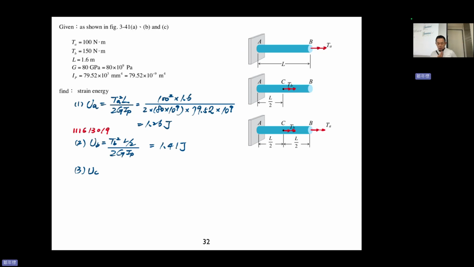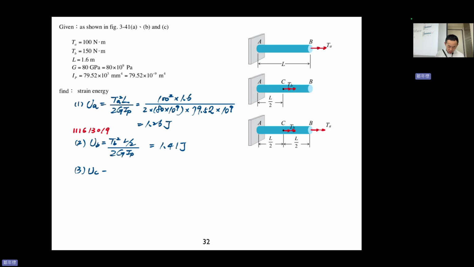Okay, so let's continue. We just finished UA and UB. UA is the torsion TA, and the second part is TB, acting at the center. UC is the two cases combined together.